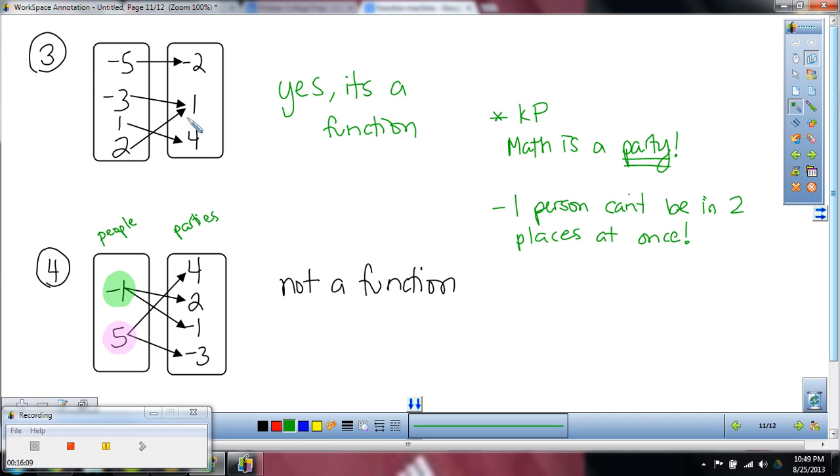That's fine. More than one person can go to the same party. Wouldn't be much of a party. This is not a very fun party. Only one person's going. That's okay. So two or more people can go to the same party.